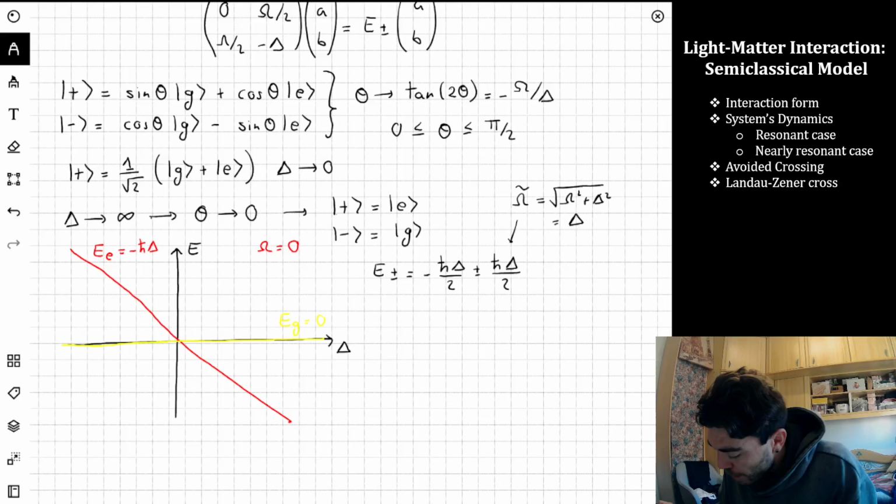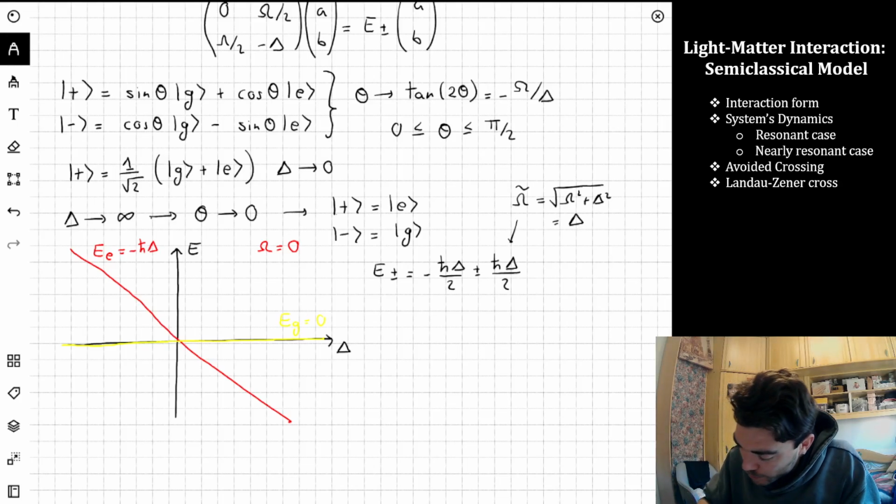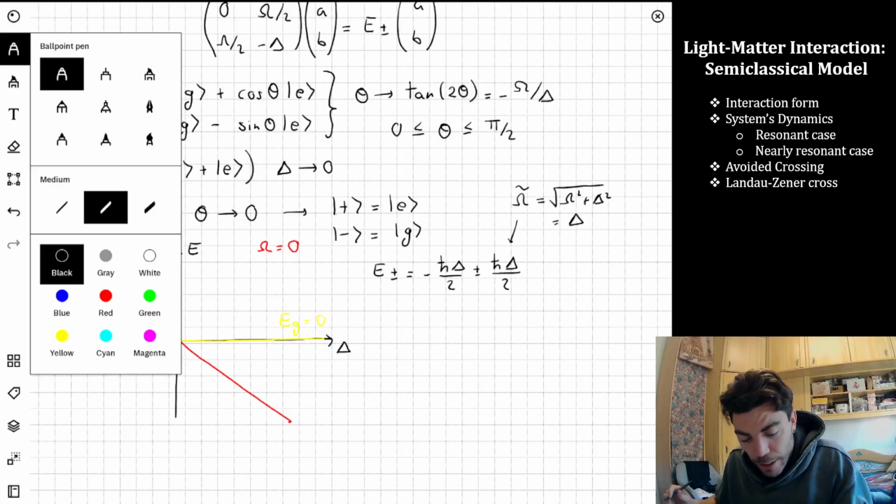Alright, but now what happens when we turn on the interaction?